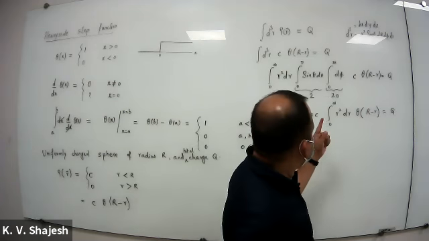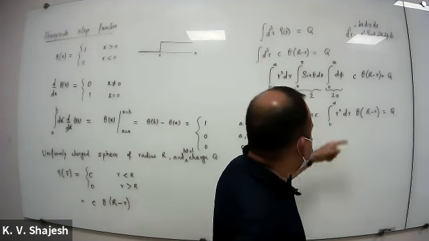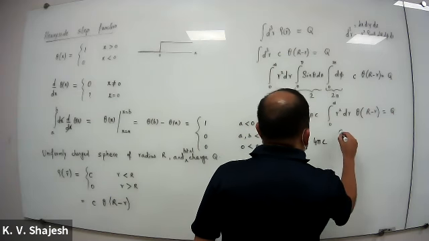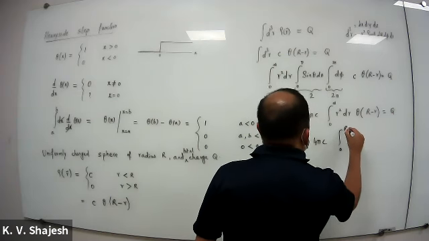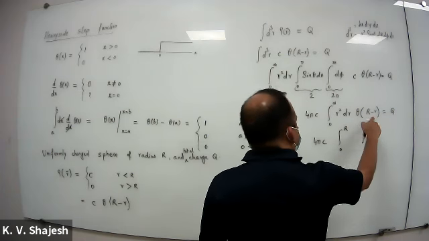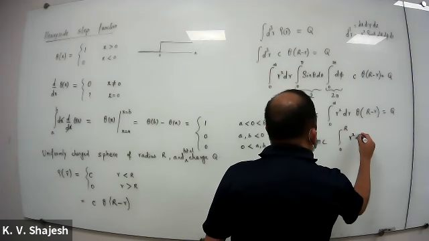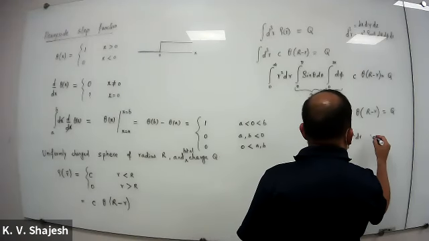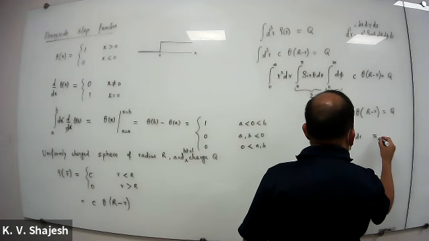This puts a cutoff in the integral limit. It says that beyond that point it is 0. So this goes from 0 to r, because beyond that point this is 0. I don't have to integrate beyond that, and I can forget the step function within that because it's 1.